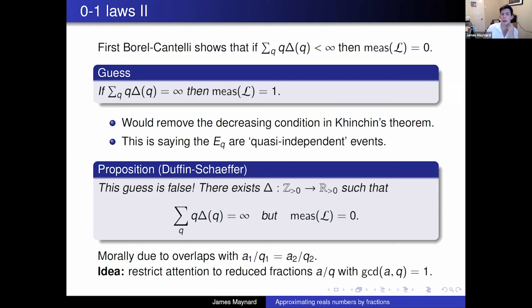And so they constructed this counterexample, but they realized that because these overlaps are sort of cheating, they're kind of the same rational approximation, a natural thing to do from the technical side of the problem would be to restrict to reduced fractions where you can remove any common factor from the numerator and denominator.